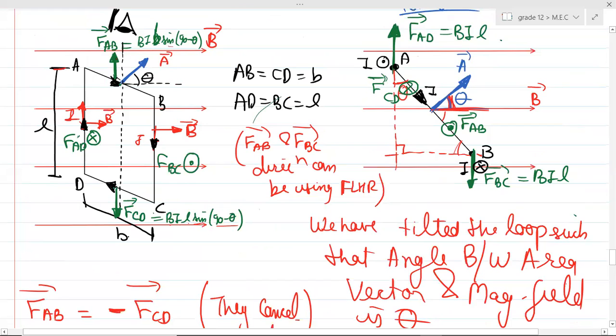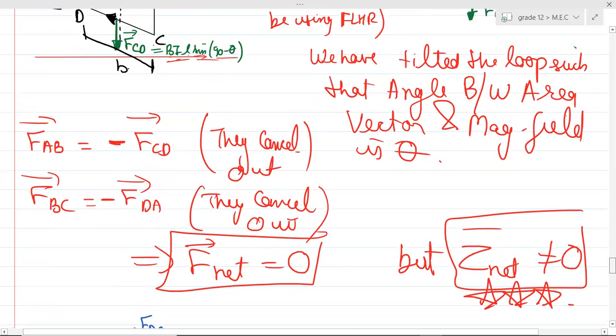But the point is, can you see over here, FAB is acting in the upward direction, FCD is in the downward direction. And both the forces were equal, BIL cos theta. Even if both the forces were equal, these two, AB and CD, were cancelling out each other. Similarly, the other two were also cancelling out each other, hence the net force was zero.